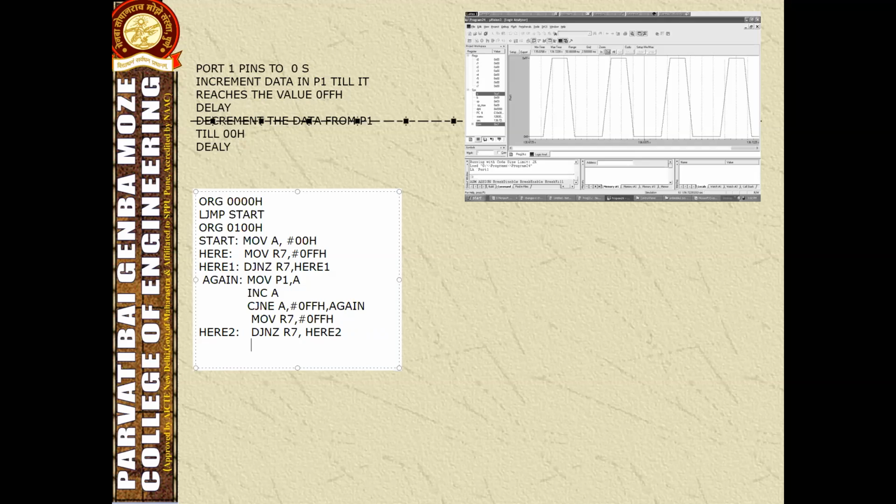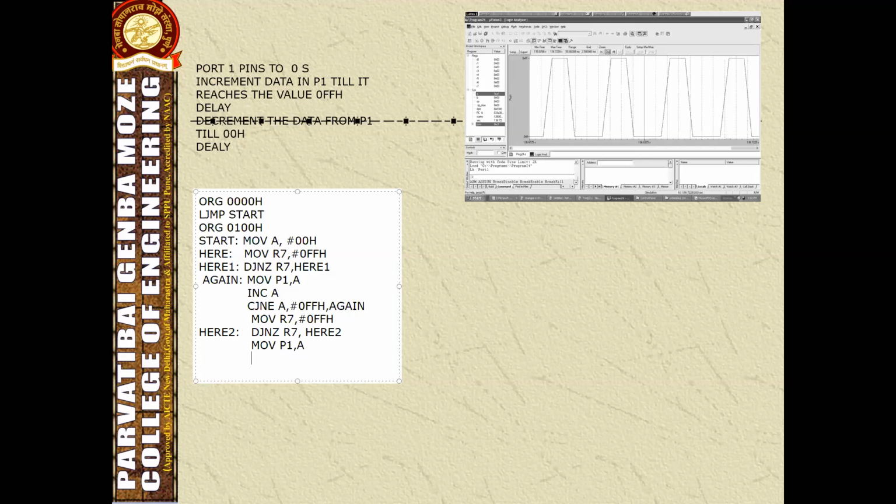Now what will happen? Our port value reaches the highest value 0FFH. Now we should make it decrement till the lowest value 00H. Now we are loading P1, A. The data present inside the accumulator will be loaded into P1.